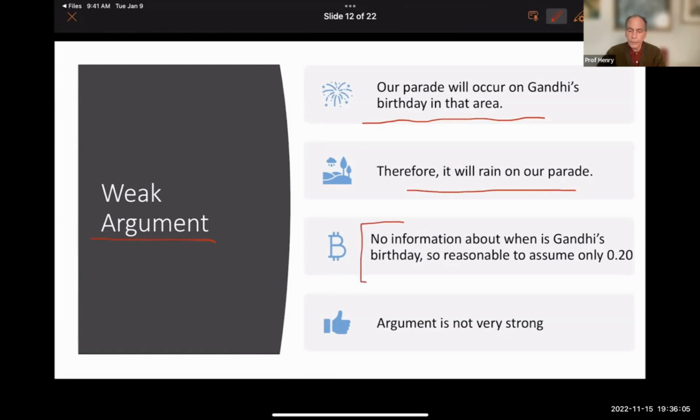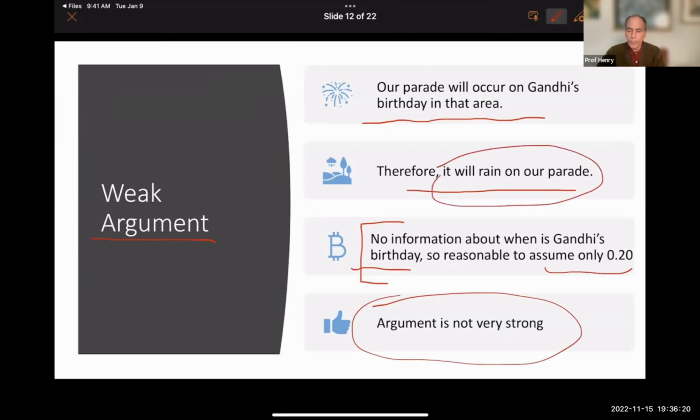Now here, no information is given about when Gandhi's birthday is, so we could only assume 20%, and that conclusion that it will rain on our parade is not a strong argument, because we have no information about Gandhi's birthday. You need additional premises to make the argument strong that it will rain on our parade.